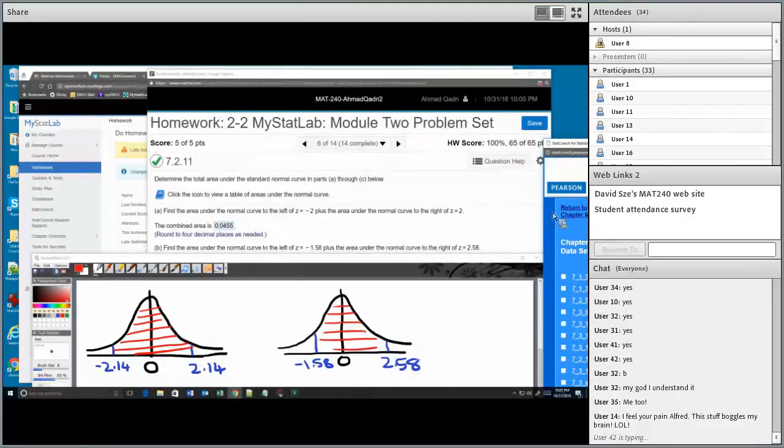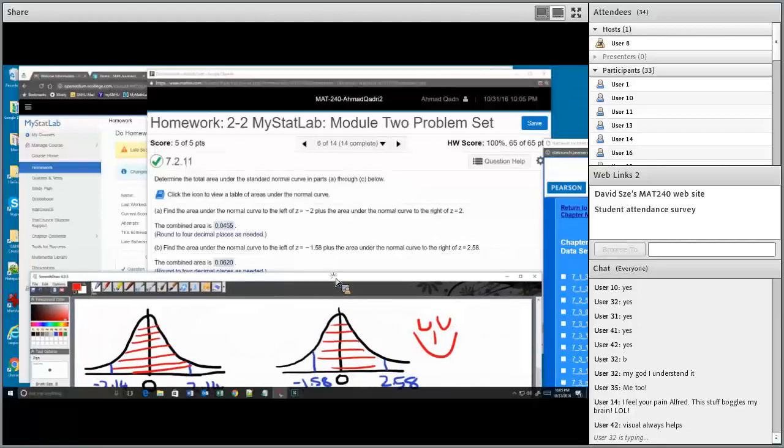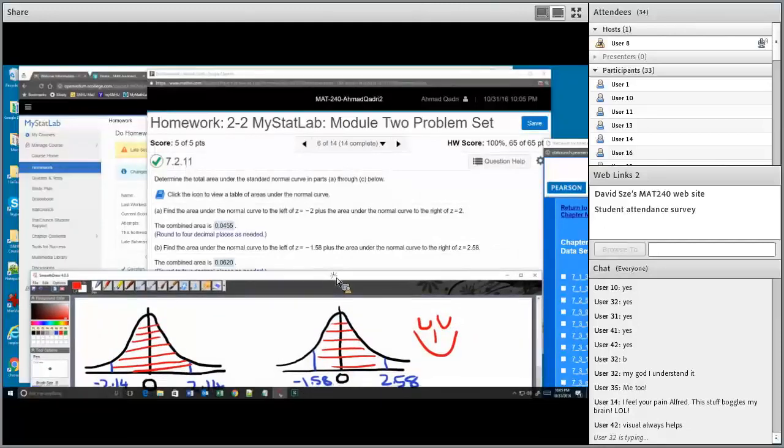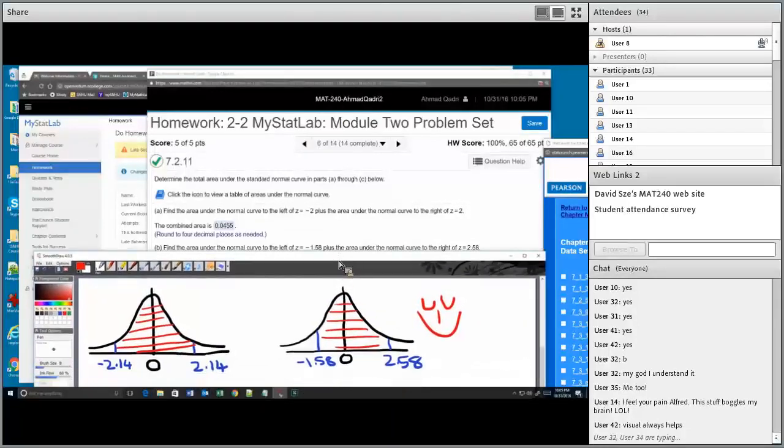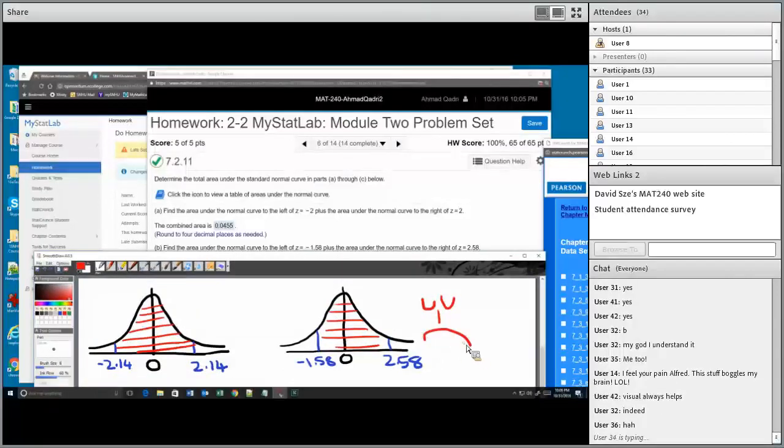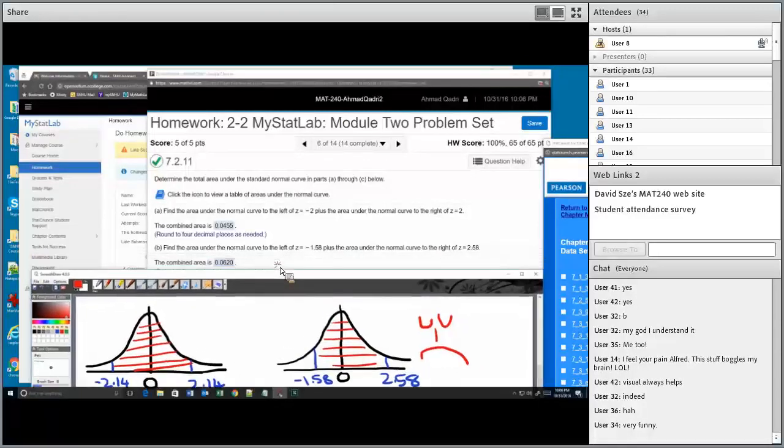That makes you happy. Okay, we actually did the wrong problem, so it should not make you happy, it should make you sad because we calculated the middle region, right? Well, we didn't even read the question.